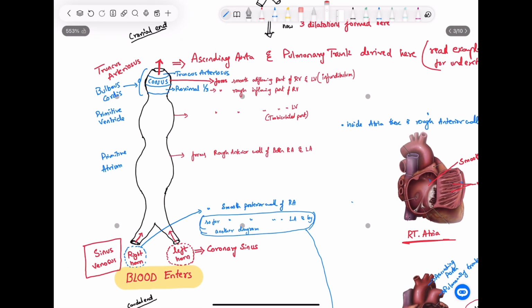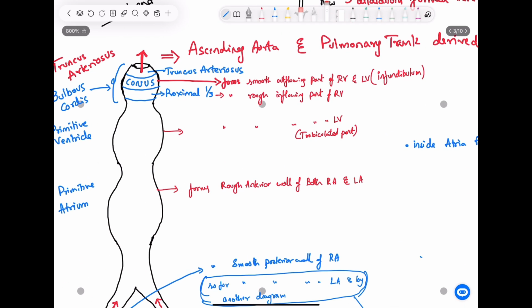The bulbus cordis is divided into three parts: truncus arteriosus, conus, and proximal one-third. Can you see the conus here? The conus forms the smooth outflowing part of the right ventricle and left ventricle, and the proximal one-third forms the rough inflowing part of the right ventricle.